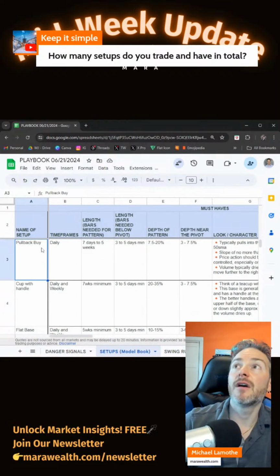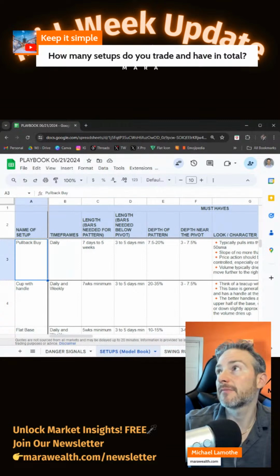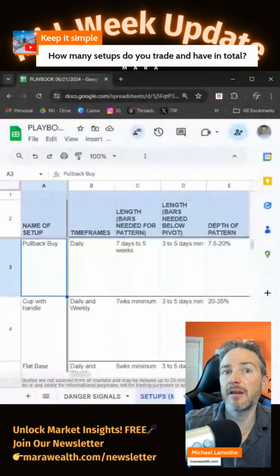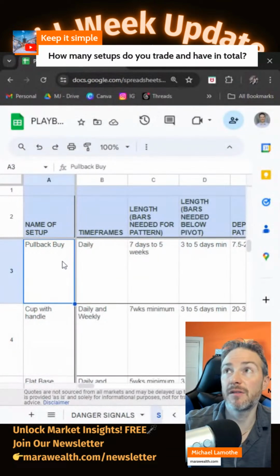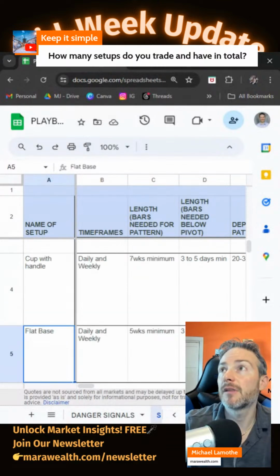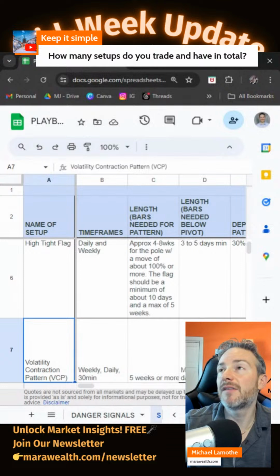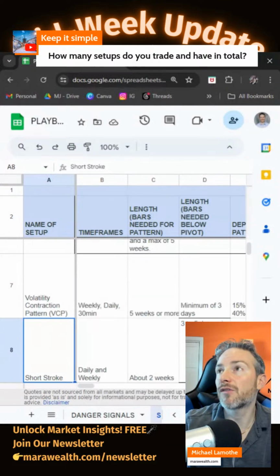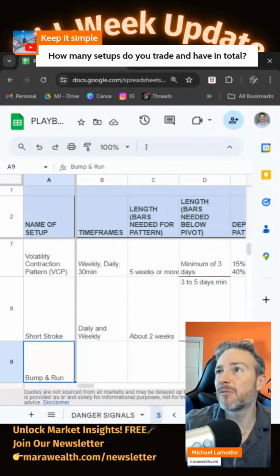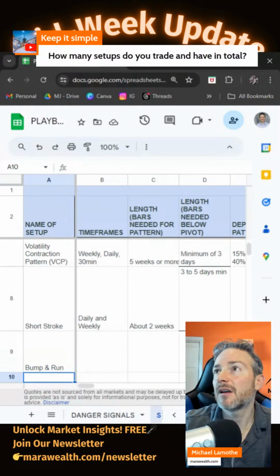So let's see, there's the pullback. Let's make it a little bit bigger for you guys so you could read it. The pullback buy, cup with handle, flat base, high tight flag, VCP, short stroke, bump and run. I barely trade that.